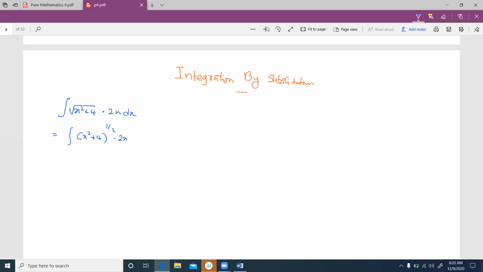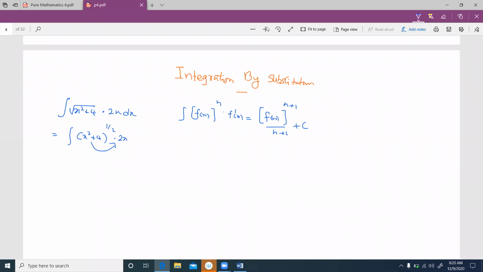Then you can see the differentiation of this is available here. So with that, we use the formula: integration of (f(x)) to the power n into f dash x is equal to f(x) to the power n plus 1 over n plus 1, plus c.